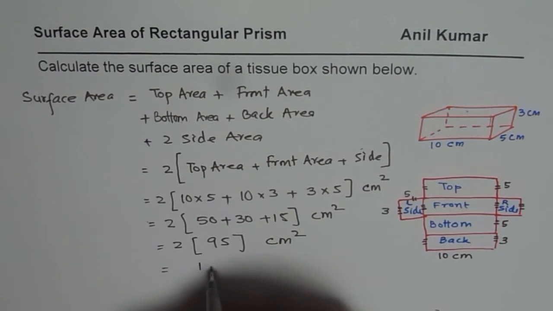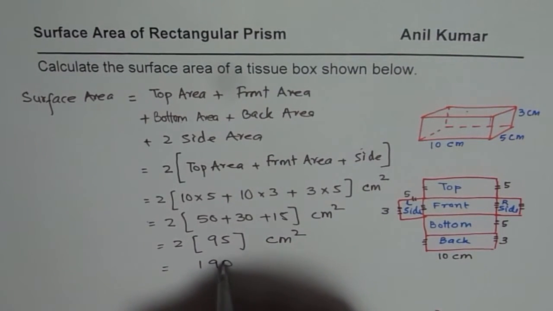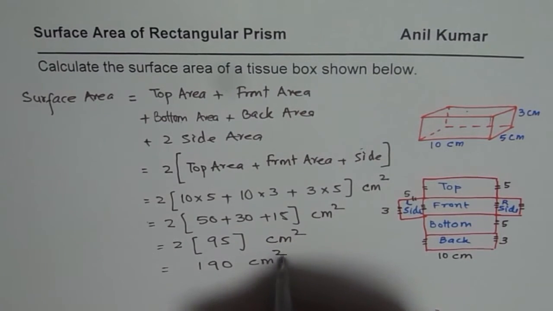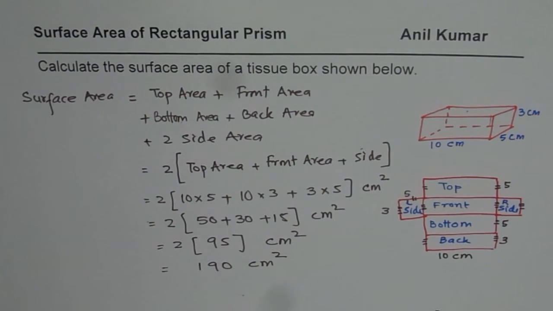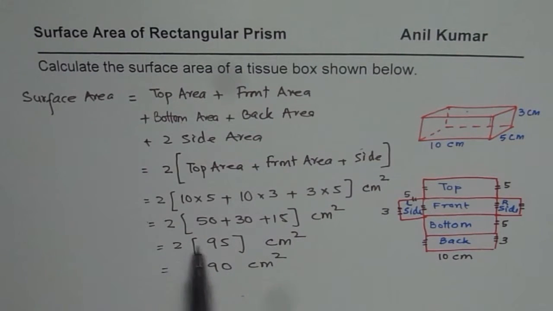So 190 centimeters square, right? So 10 less than 200. That is another way of calculating, but you can always double it. 2 times 5 is 10, 1, 2 times 9 is 18, and 1 is 19. So for this particular tissue box, the surface area is 190 centimeters square.